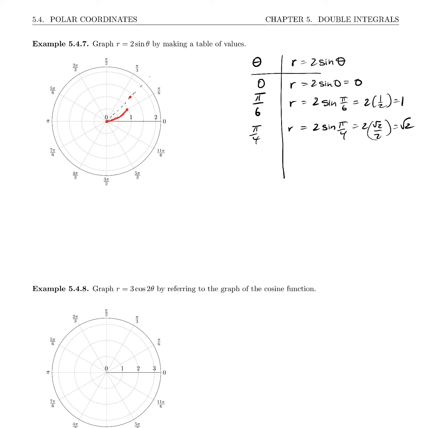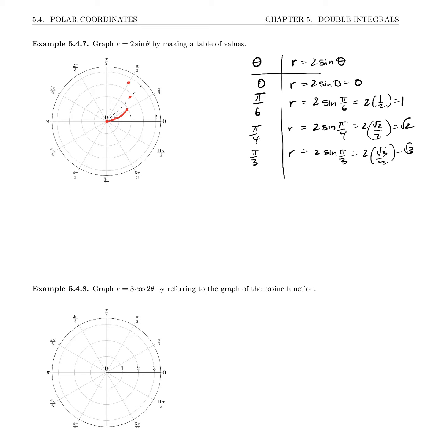And then we'll just keep on going at pi over 3. What do we have? r is 2 times the sine of pi over 3. That's 2 times root 3 over 2, which is root 3, which is about 1.7. So at pi over 3, we're at about 1.7-ish, so maybe about there.